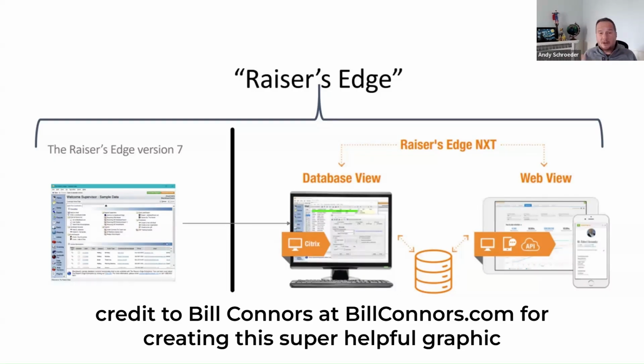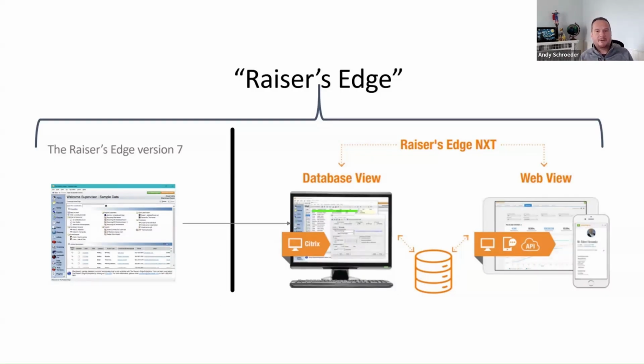In late 2015, early 2016, and I happened to be one of the first people to adopt it, came Razor's Edge NXT. Some people called it Next. Some people still call it Next. What it did was take the data away from being hosted on site and put it up into the cloud.